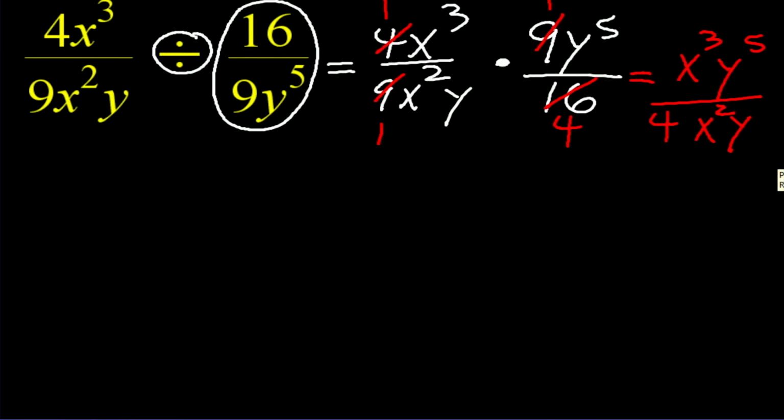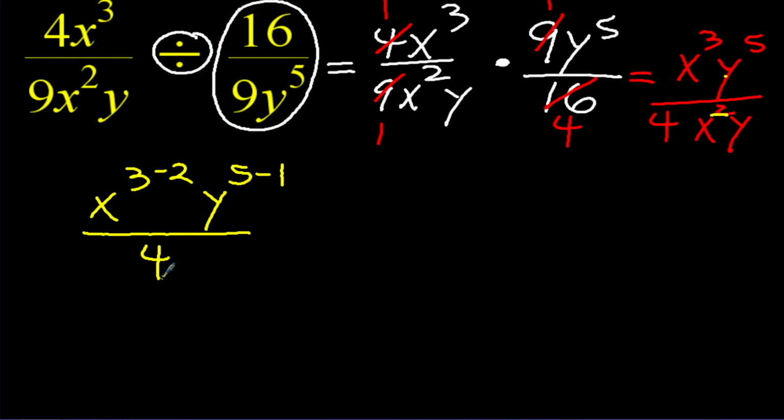So on top I'm going to have x to the third, and then I'm subtracting off the exponent here, so minus 2. And then notice I have y to the fifth here and y there, so that's going to be y to the 5 minus 1. And remember, whenever I'm doing the division, it gets rid of the variables on the bottom for now, but I still have the 4, so I have to keep the 4 in my denominator.